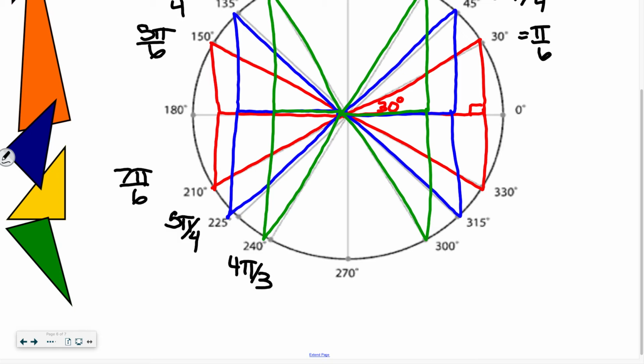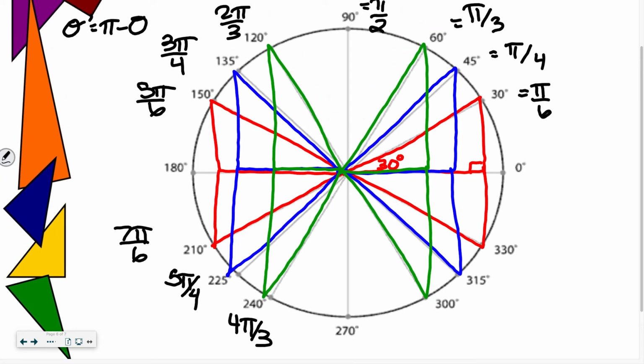Now look at your butterfly. All the ones that are green, or whatever color you have for 60, are pi over 3, 2 pi over 3, 4 pi over 3. This one's going to be something over 3 in radians, because they're part of that pi over 3 family for reference angles.